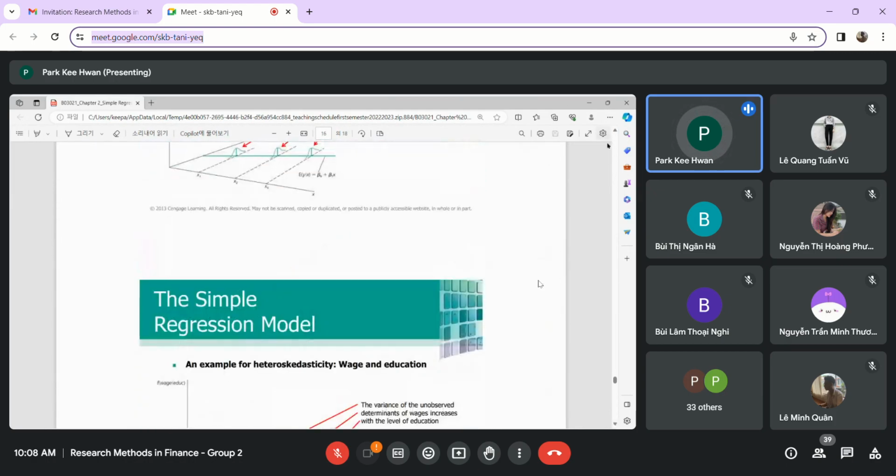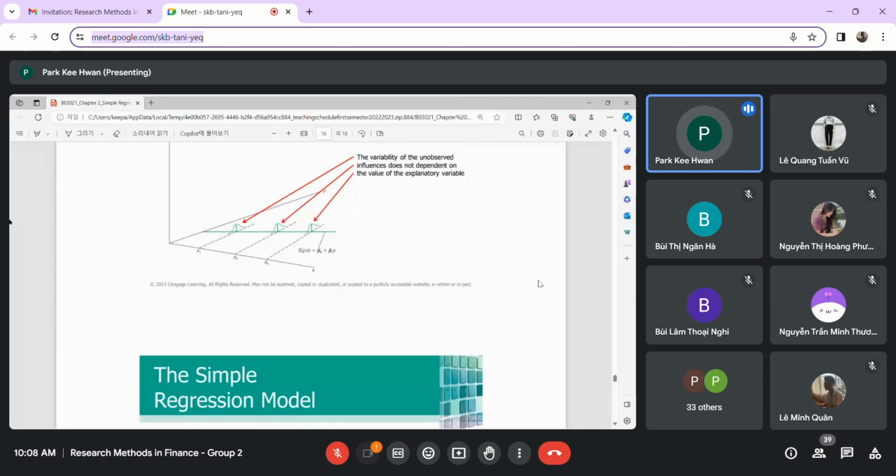If you look at this graph, the variability of the distribution when x is x1, when x is x2, and when x is x3 remains the same, constant. That's what I mean by homoscedasticity of the error.